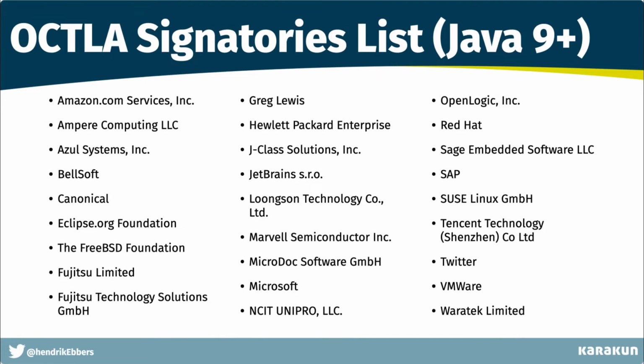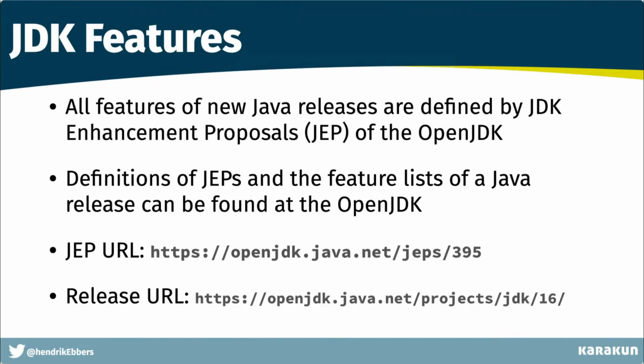And again, to do so, the OpenJDK provides workflows and structure. The two important parts here are the JEPs, which stands for JDK Enhancement Proposals, and Releases. We will have a look at both of them.